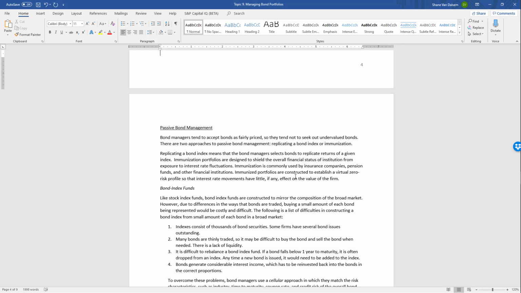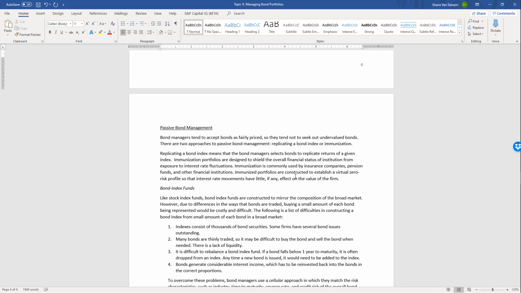Replicating a bond index means that bond managers select bonds to replicate returns of a given index. Immunization portfolios are designed to shield the overall financial status of the institution from exposure to interest rate fluctuations. Immunization is commonly used by insurance companies, pension funds, and other financial institutions.